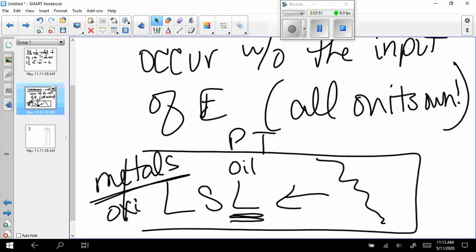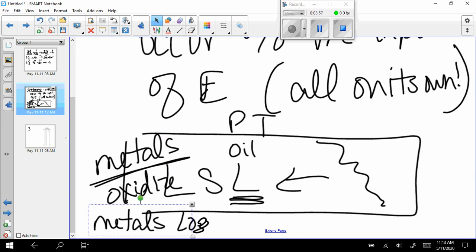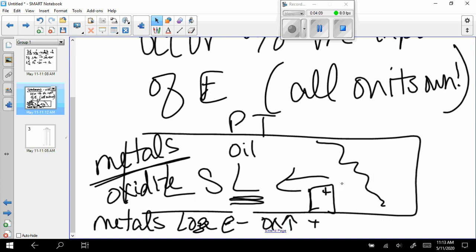So metals oxidize. Metals lose electrons. And when they lose electrons, their oxidation number goes up and they become more positive, which is why you see all of the metals over here have positive oxidation states up in their top right-hand corner for what is most likely for them to become when bonding.